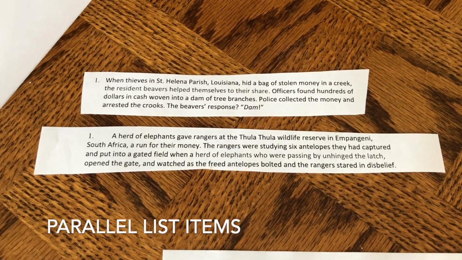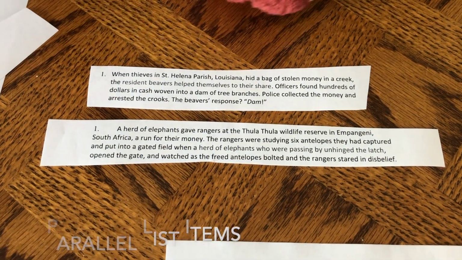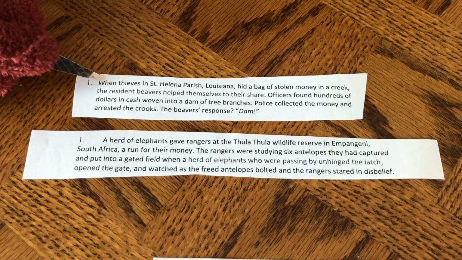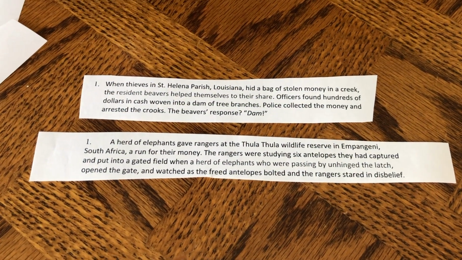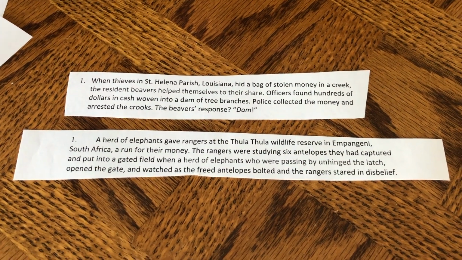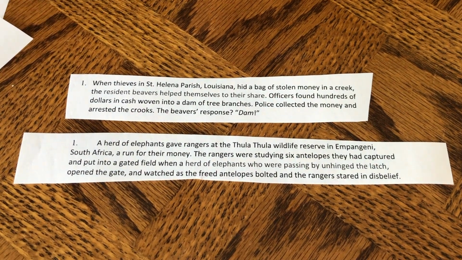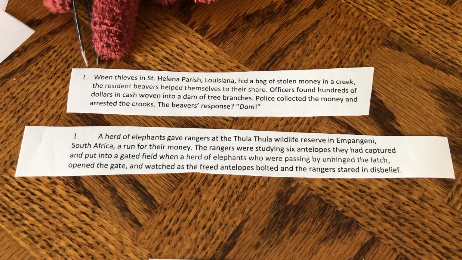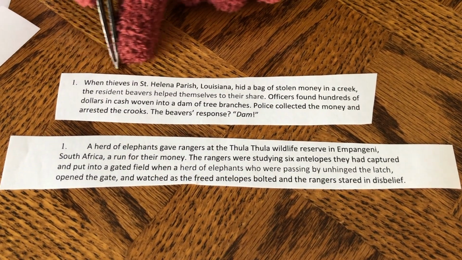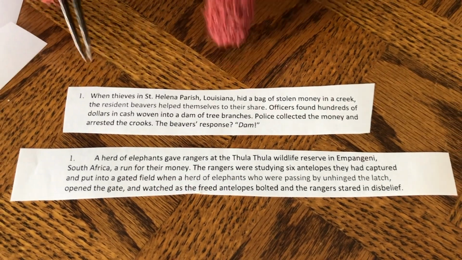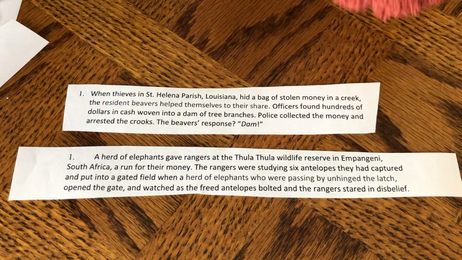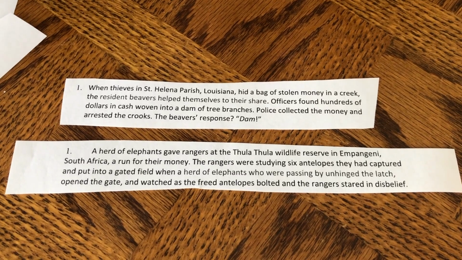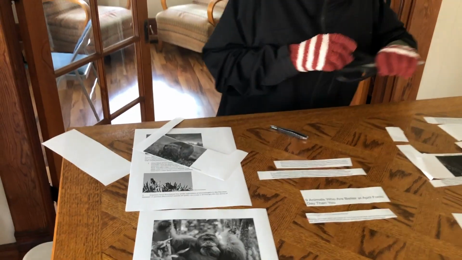And by that I mean, okay, if you start your list item number 1 with an -ing verb, then you should start all of the list items with an -ing verb. If you start like this person does, every single list item with a complete sentence, then every single list item should start with a complete sentence. They need to be parallel grammatically.